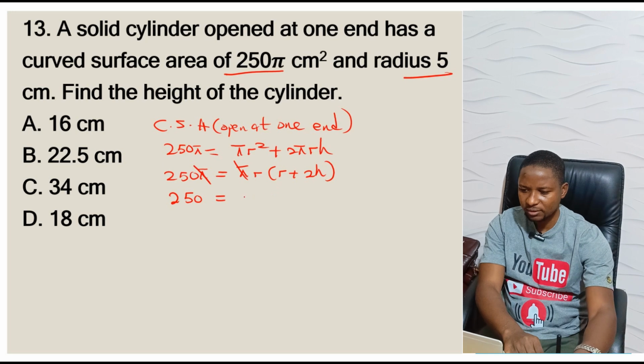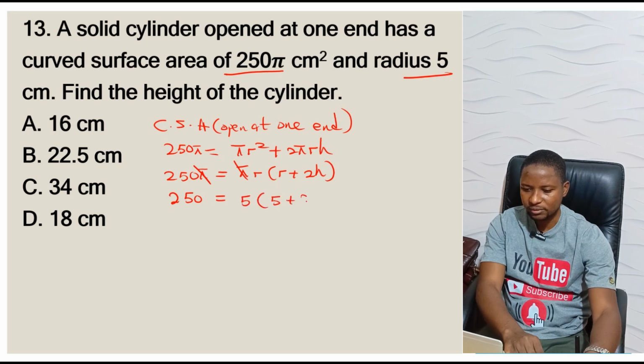Do they give us radius? Yeah, 5. So you have 5 open brackets, 5 plus 2h, that we're looking for. Find the height. So again, I'll quickly divide by 5 because both of them are divisible by 5. And 250 divided by 5, that will give you 50. And 5 cancels 5. So you have 5 plus 2h.